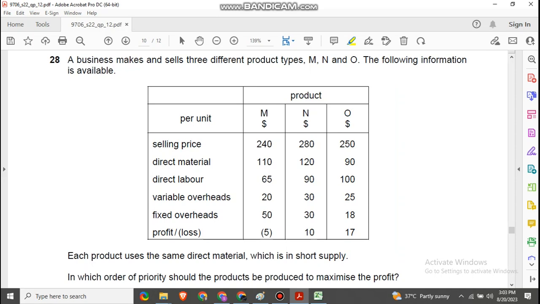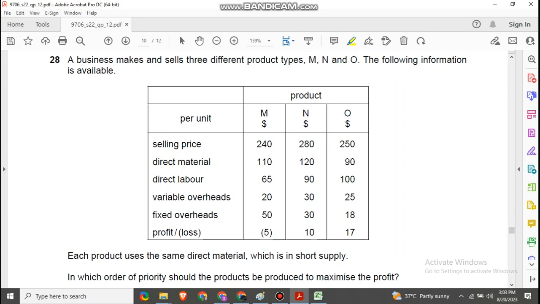Next question, question number 28. A business makes and sells 3 different product types, M, N and O. The following information is available. These are the products and selling price, direct material, direct labor, variable overheads, fixed overheads, and the profit or the loss for each product is given to you.